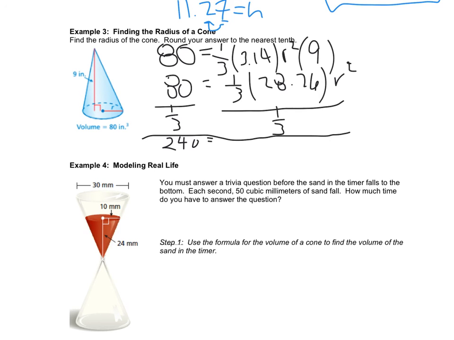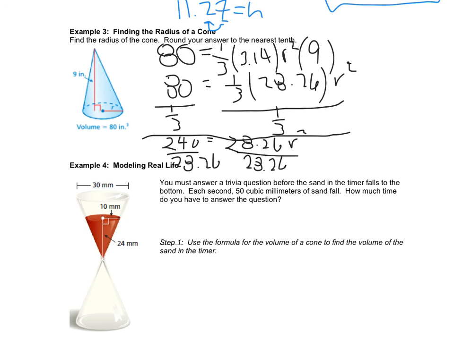Another way to do it, if that's something you can understand, certainly feel free to use it. I still have to deal with this decimal on the other side, but now I can divide 28.26 from both sides.